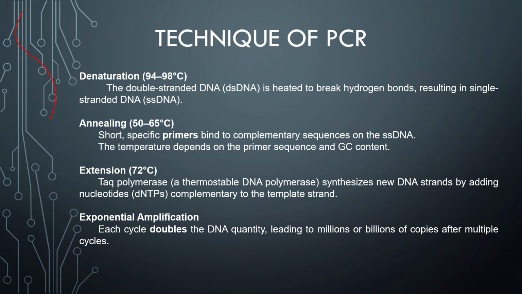So first, this is the structure. Just imagine I got this certain piece. First, I'll use heat, at 94 to 98 degrees. As a result, it will break this bond. This bond gets broken, and two different strands of DNA are formed before me.